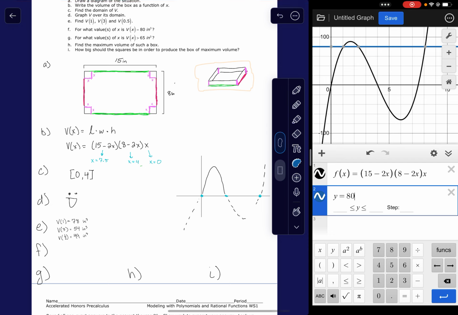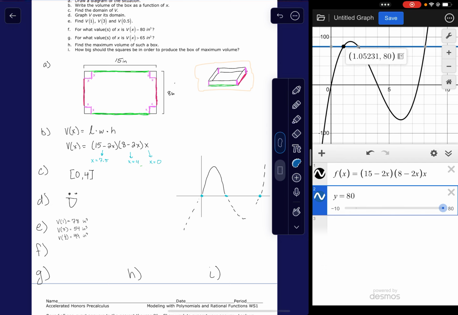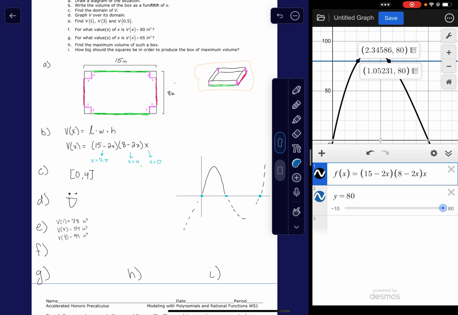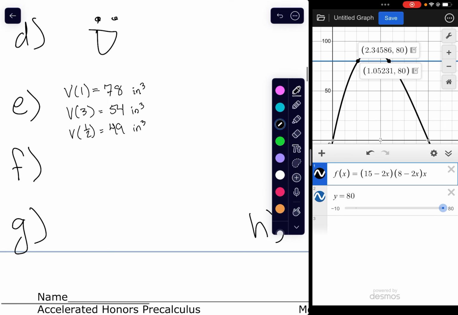And you're going to consider when that is. I'm going to write these solutions to this system as ordered pairs. So that is 2.346, 80, as well as 1.052, 80.